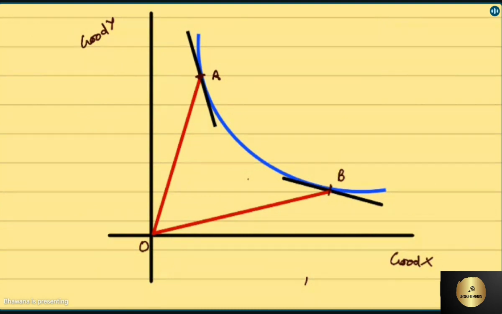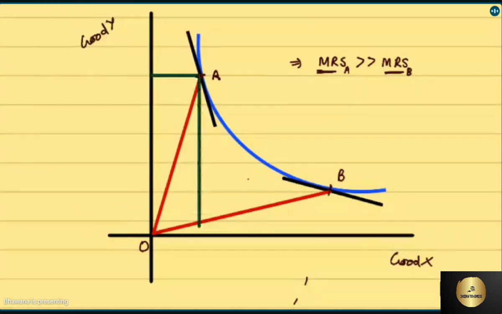But at point B, you are consuming more good X and less of good Y. Why? Because at point A, your MRS is greater than your MRS at point B. At point A, the slope of IC is higher than the slope at point B. So at this point, you are consuming more good X. Let me draw.